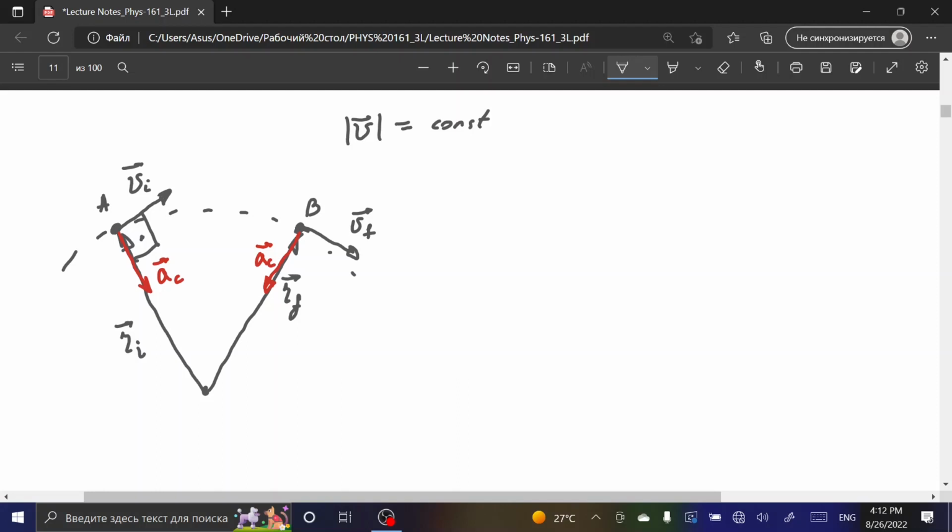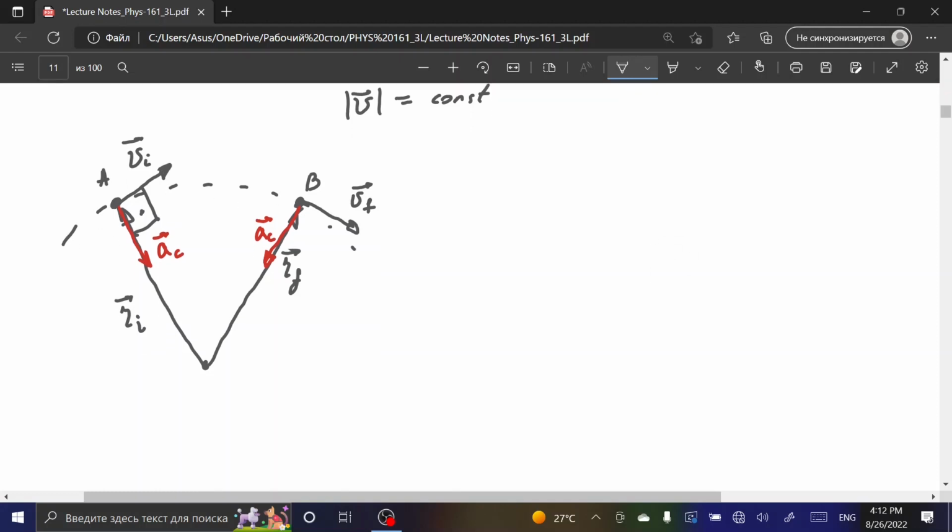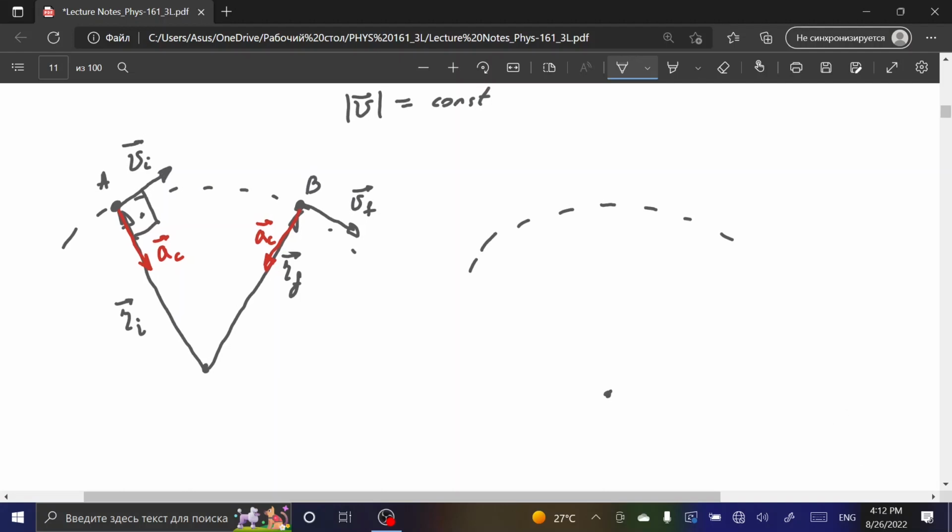So let us have another figure here because we want to make it not overcrowded. Let's consider again a circular trajectory, and here we have the center of this trajectory.